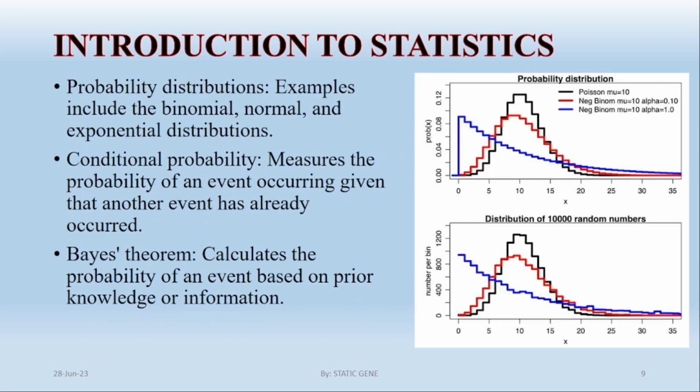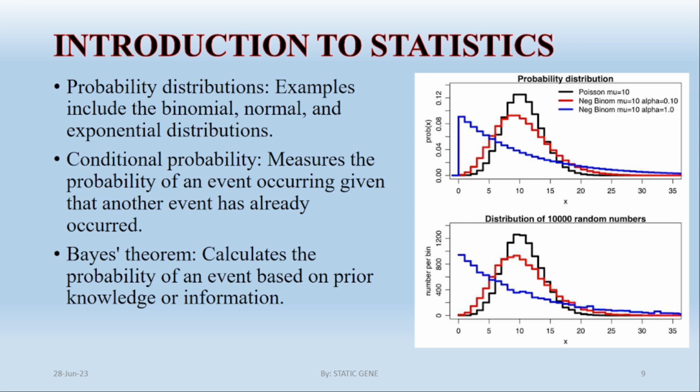Now, you also need to understand other aspects of probability. For example, the probability distributions. This is generally how the different probabilities are distributed. We will explore more once we come into real statistical analysis, but it can be a binomial distribution, normal distribution, or exponential distribution. So there is also conditional probability.